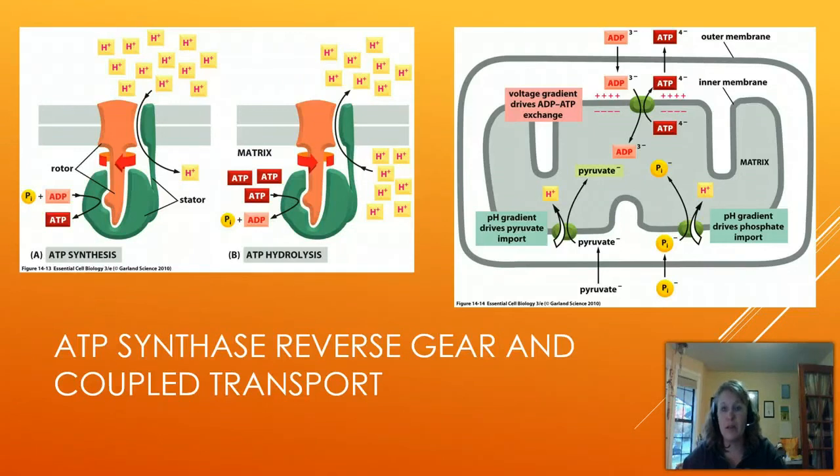So it's important to realize that this machine can work in two different directions. It can either be used to generate ATP like we talk about within our cells, or in times of low oxygen can be run in reverse to pump protons across the membrane using ATP to do that. So remember that if we're going to pump the protons back across the membrane using this, it's going to take energy.